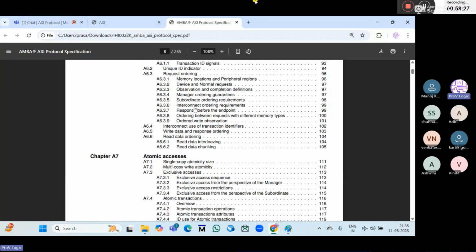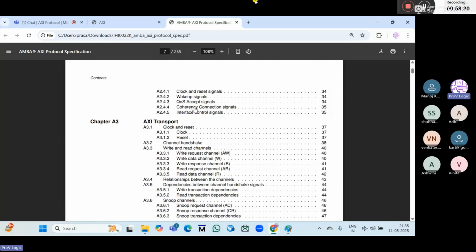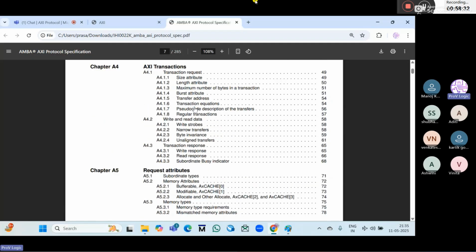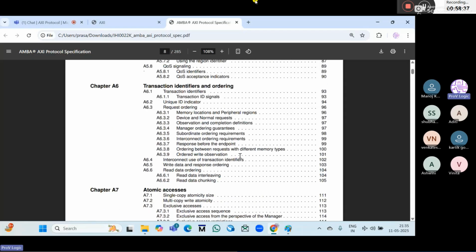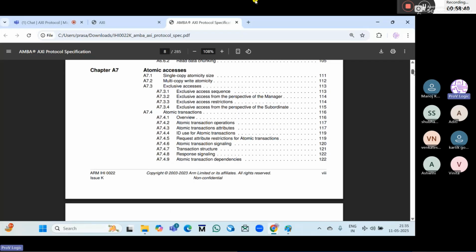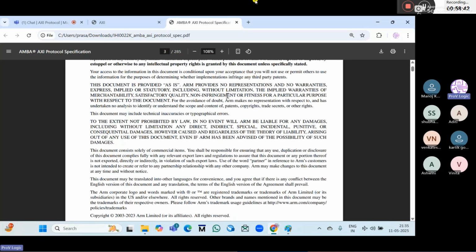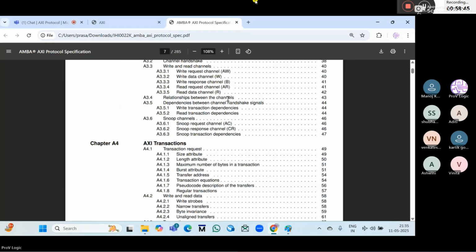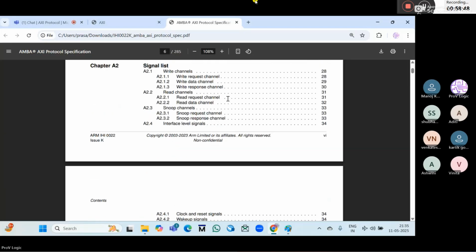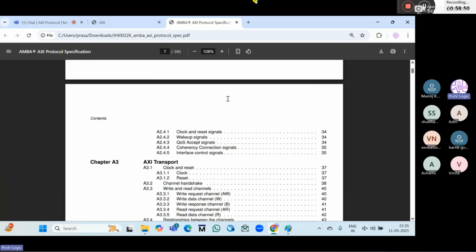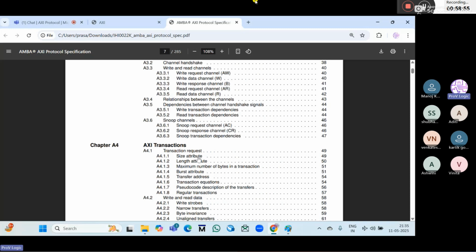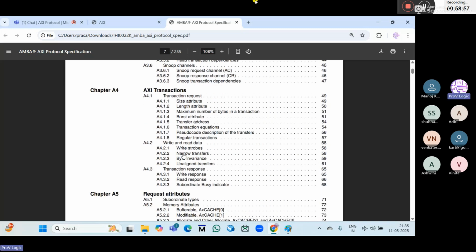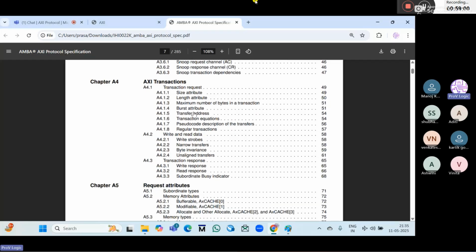You just concentrate on the specification; it is almost completed. Maybe in the next session we will discuss any other concepts in AXI. Till now the signal list is completed, and the transactions are also completed: write, read, strobe, burst, attribute, transfer address.